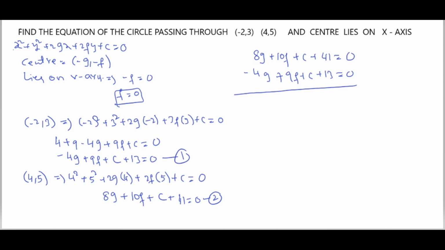Subtracting these two, c minus c cancels. 8g plus 4g, that is 12g. 10f minus 9f, that is plus f. 41 minus 13, that is plus 28 is equal to 0.